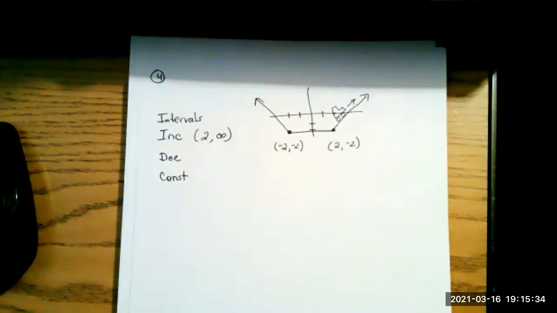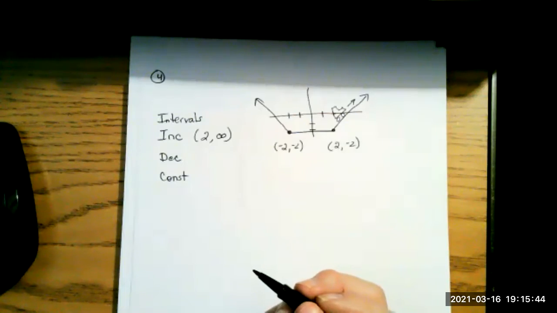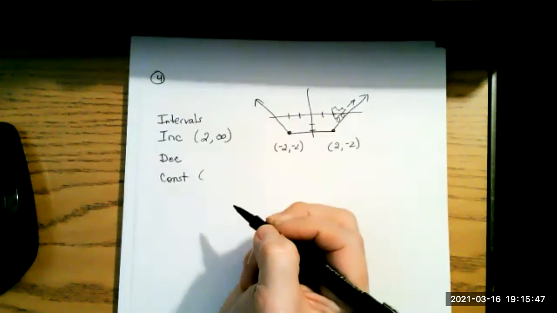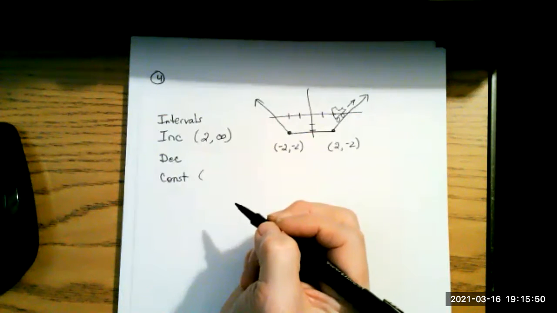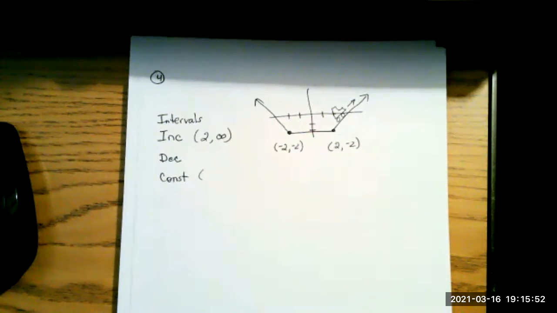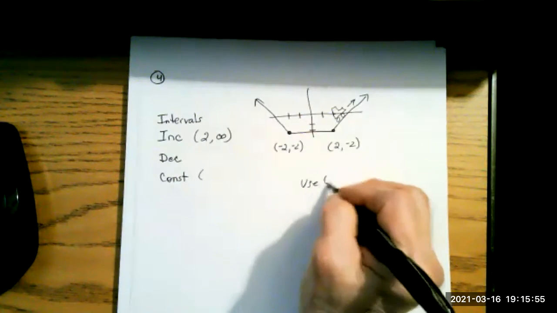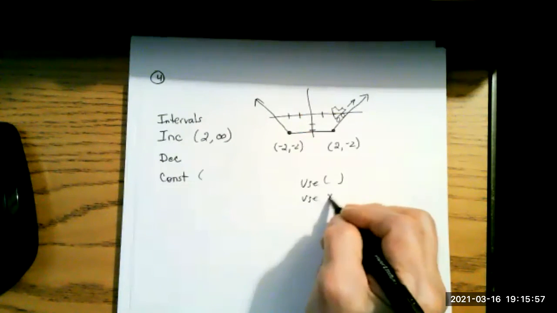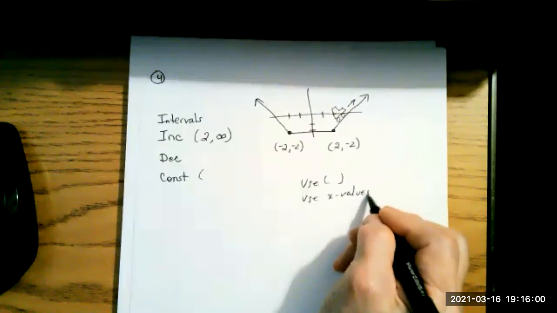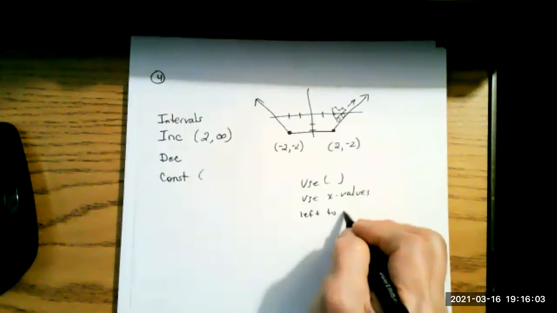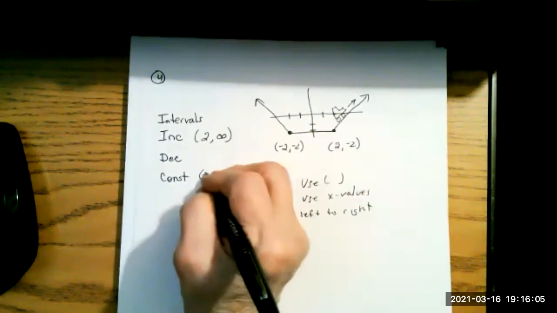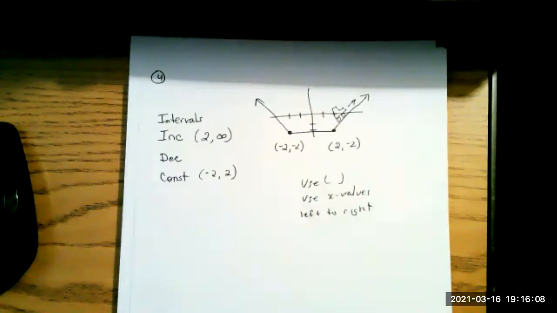Okay, pick decreasing or constant and tell me what it would be. I'll do constant. Okay, what is constant? Constant is parentheses, or wait, is it bracket? No, the 3 things you remember is use parentheses, use the x values, and go left to right. That's -2, 2. I was thinking of the range. Yeah, the range would be a bracket, but yeah, thank you.